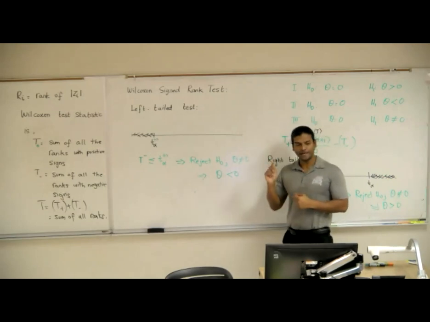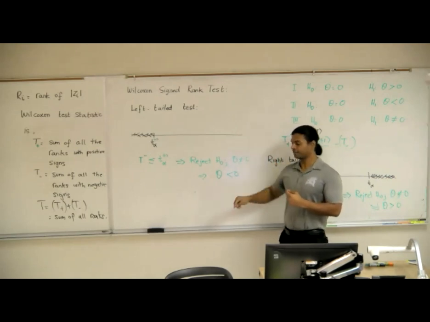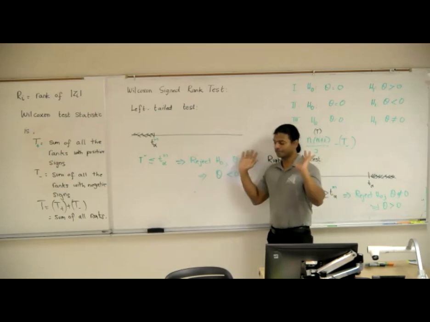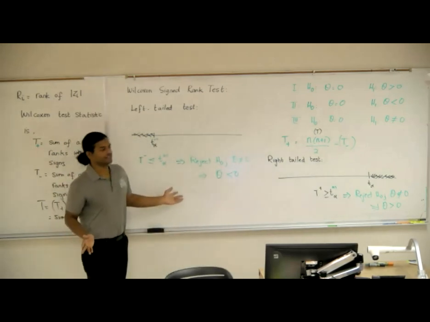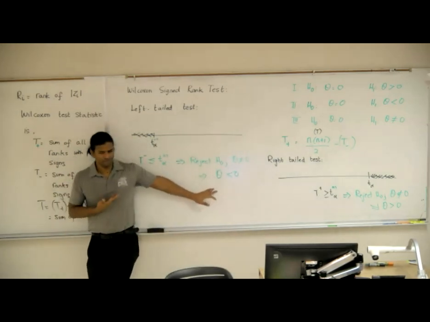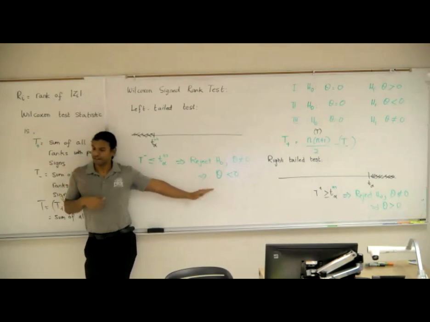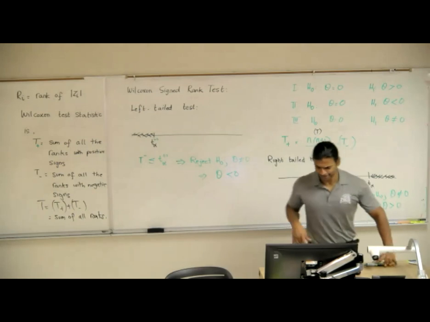The t-test for paired differences, the differences would follow a t-distribution. But here, theta, we're not assuming it to be mean, median, anything. It doesn't have a distribution, which is why we call non-parametric tests distribution-free tests. We don't have any underlying assumptions of distribution for the test statistic.